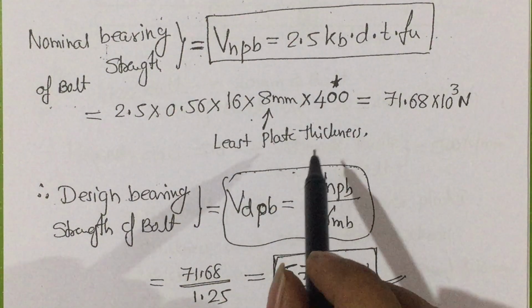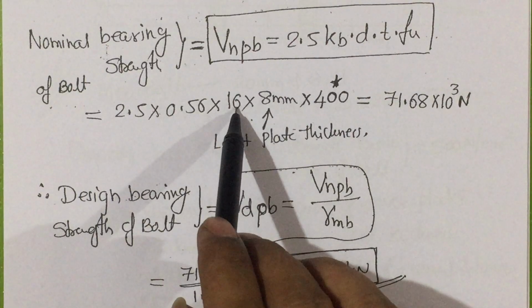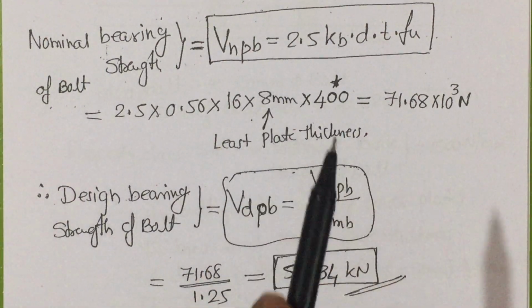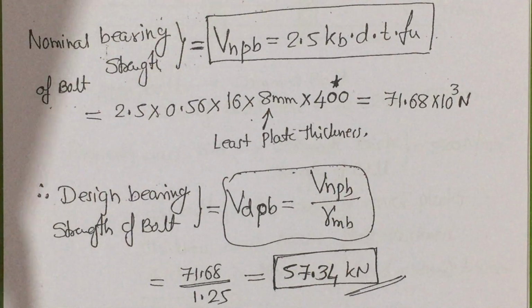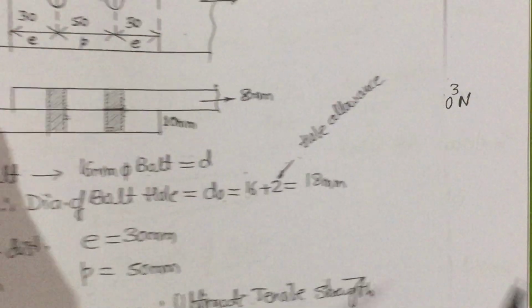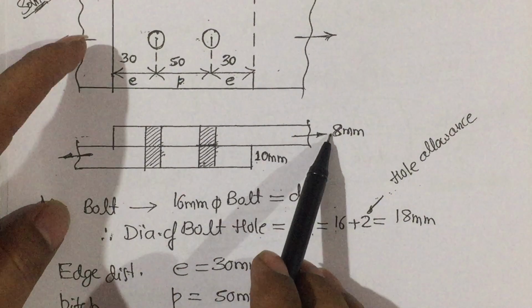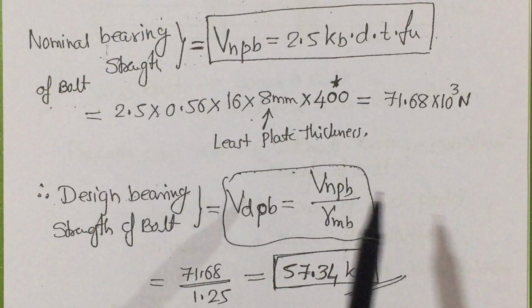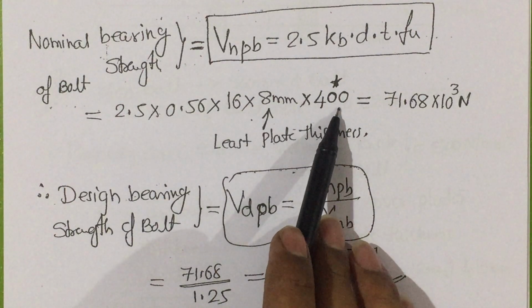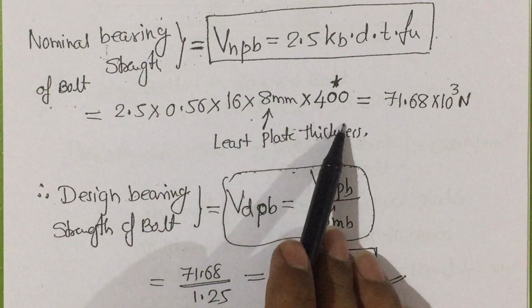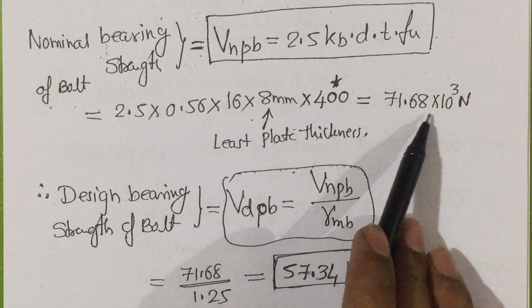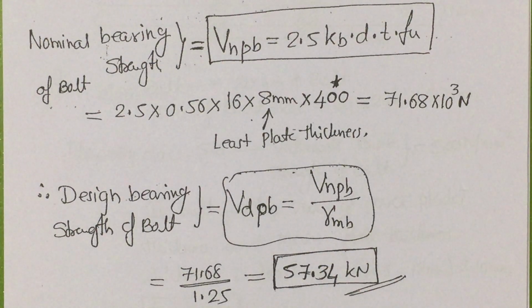Then D is nothing but diameter of the bolt, 16. Then T is nothing but the least plate thickness. In the given problem, there are two thicknesses, 8 and 10. We need to take the least value, that is 8. Then FU is nothing but ultimate tensile strength of the bolt, that is 400.